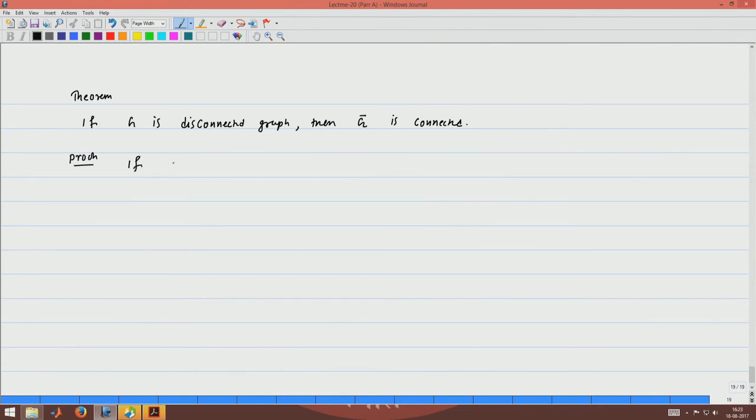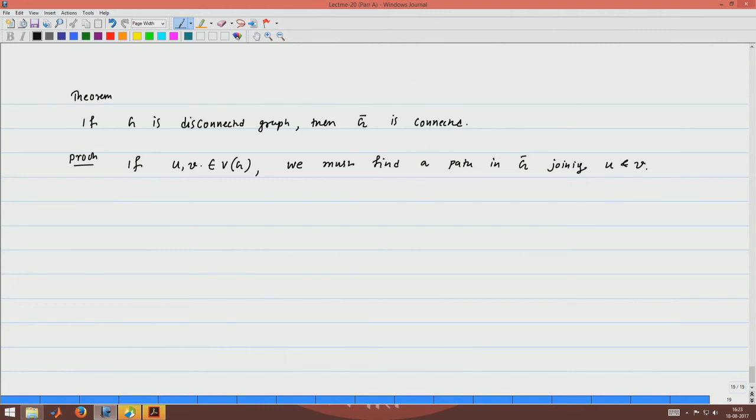If U and V are two vertices in the graph G, we must find a path in G complement joining U and V. Right?